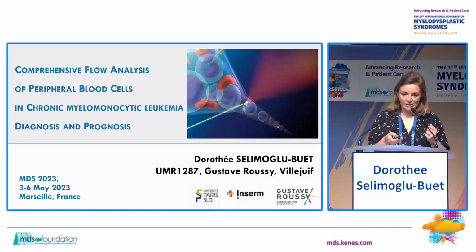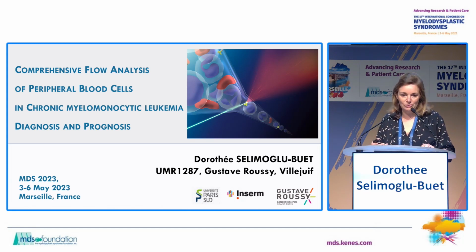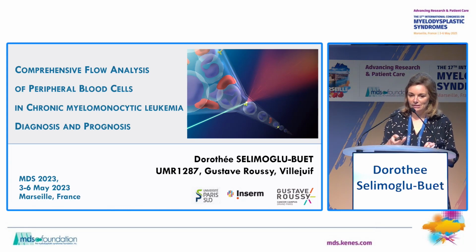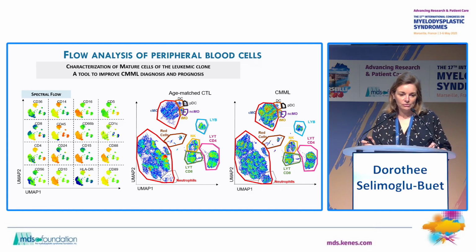Thanks, Eric, and good morning, everybody. I would like first to thank the organizers for their invitation to present our work based on flow cytometry analysis of the peripheral blood in CMML. Flow cytometry is a very interesting technology to decipher small populations of cells and characterize them.